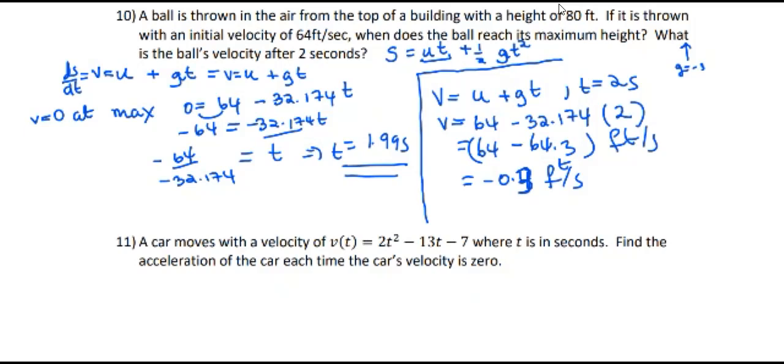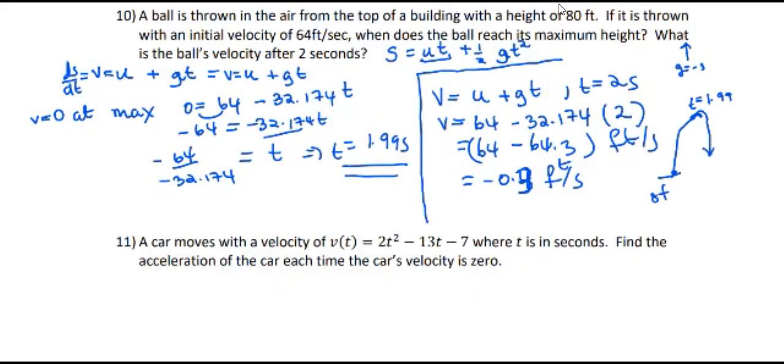And if you think about it, at 1.99 seconds, the ball has stopped, it's reached its maximum height. So it starts off at a height of 80 feet, and then it goes up. And after 1.99 seconds, it is at its highest point. So t is equal to 1.99. This is the highest point. And then it'll just start falling back again.